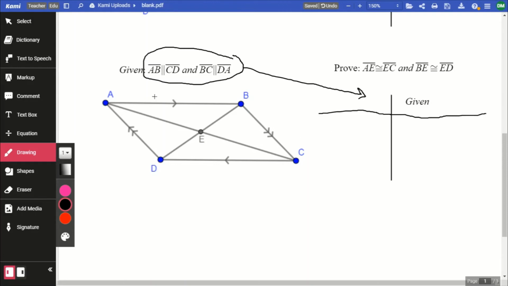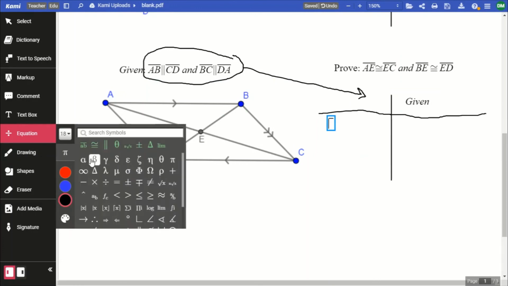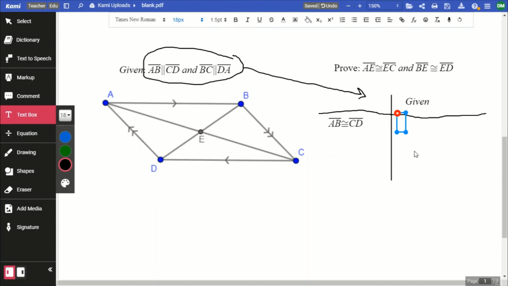We're going to say that segment AB is congruent to segment CD. And our reason is something that we just proved. Opposite sides of a parallelogram are congruent.